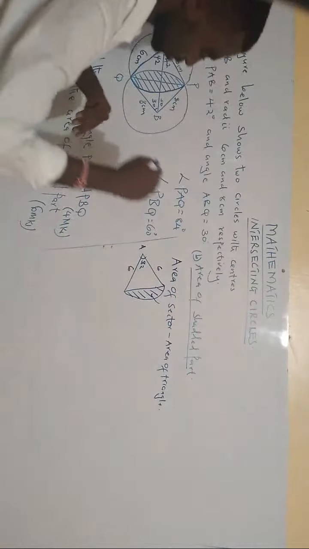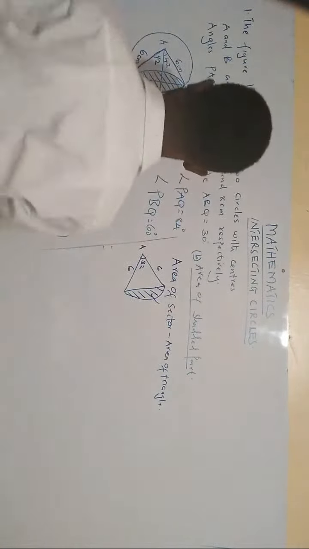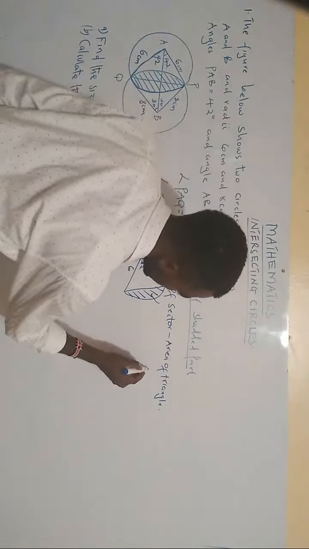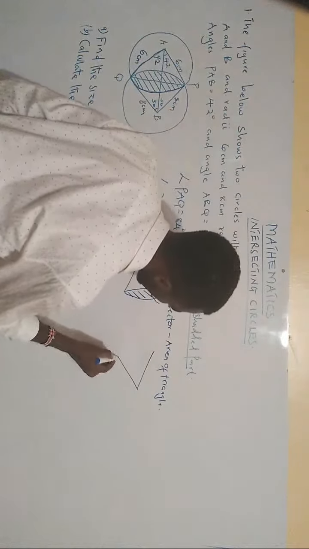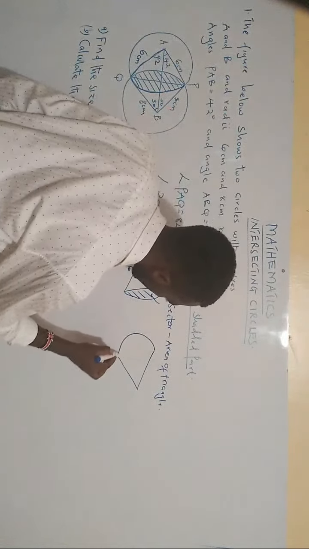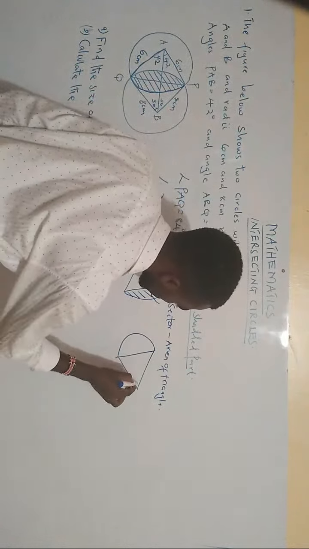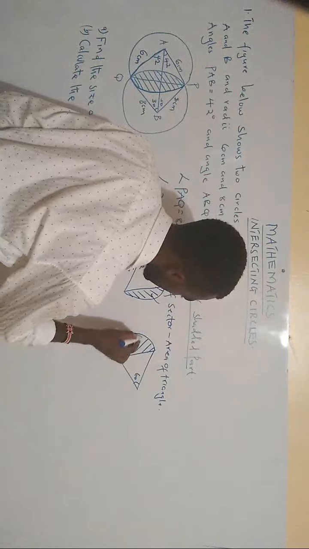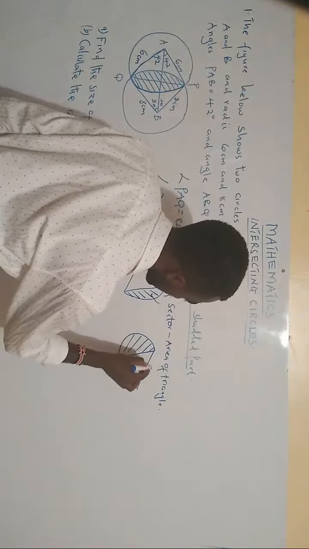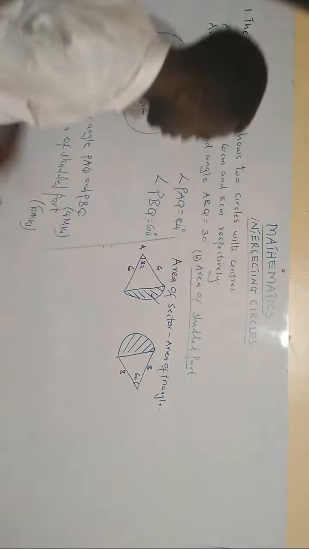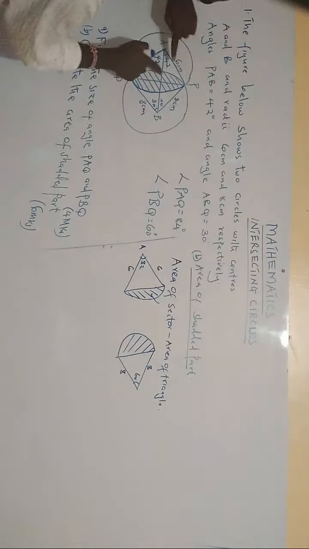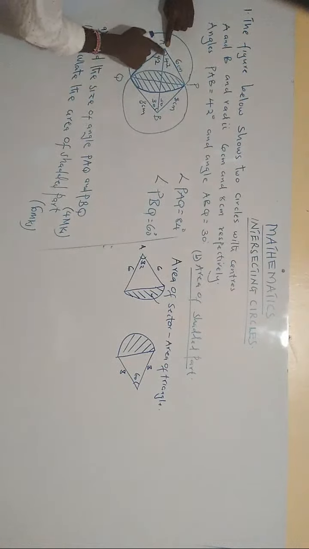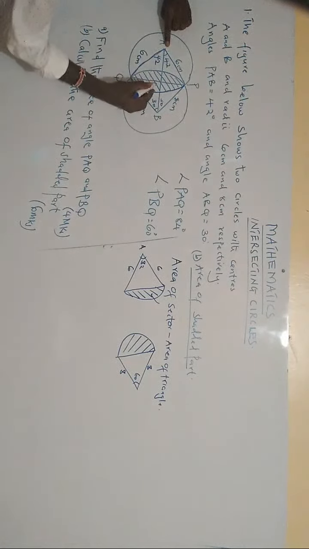Then we do the same with the other triangle, here. This one here was 60, and this is 8 centimeters. So we have extracted this triangle and this sector. The area of the sector minus the area of the triangle will be the area of this segment.